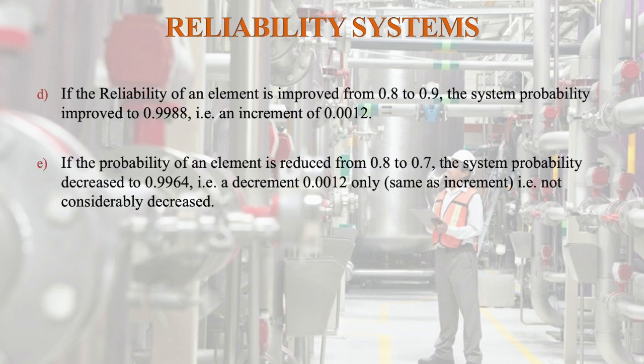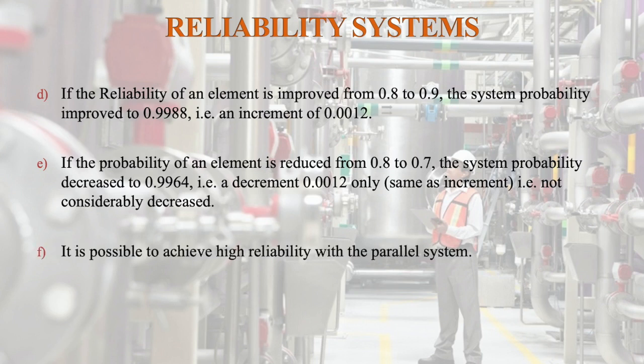If the probability of an element is reduced from 0.8 to 0.7, the system probability decreased to 0.9964, that is a decrement of 0.0012 only, same as the increment, that is not considerably decreased. F. It is possible to achieve high reliability with the parallel system. So as compared to the series system, in the parallel connection system, the reliability of the system will be increased.